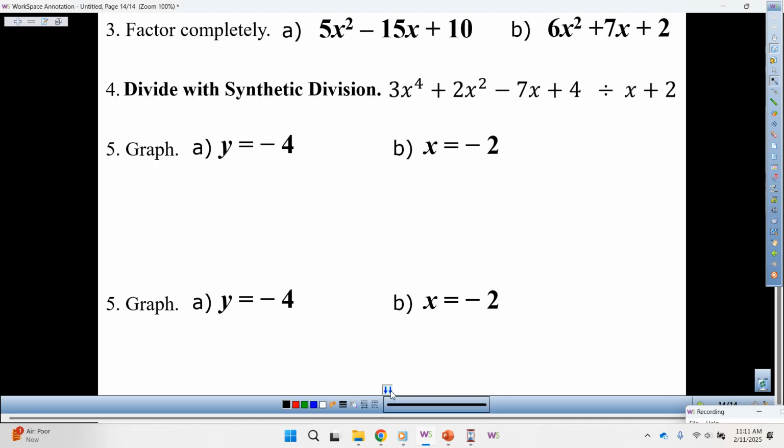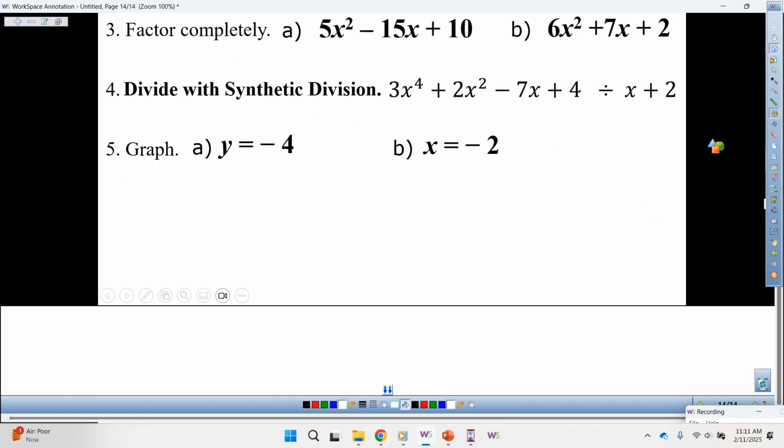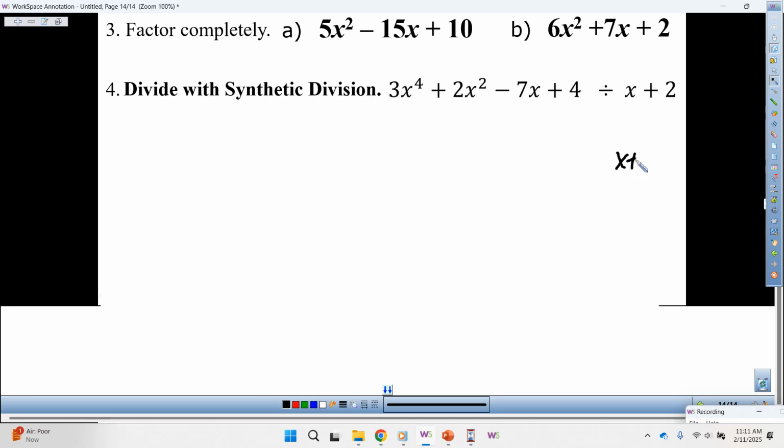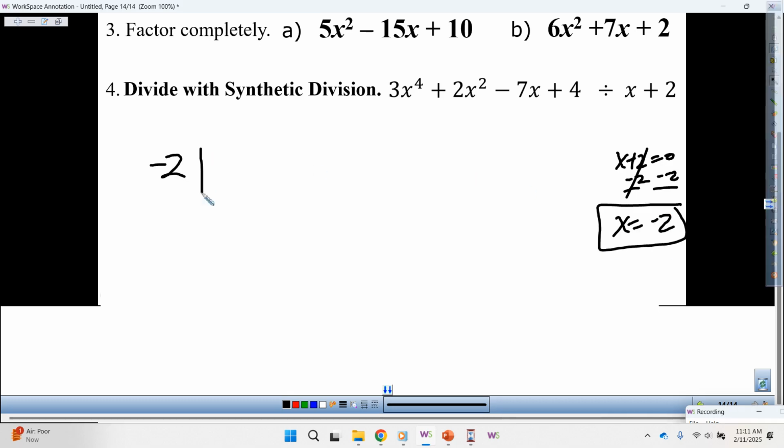Synthetic division, your favorite. Here we go. First thing we do, set this one equal to 0 and solve. Minus 2 minus 2, x equals negative 2. That's my divisor. Next, is this in standard form? Yes.